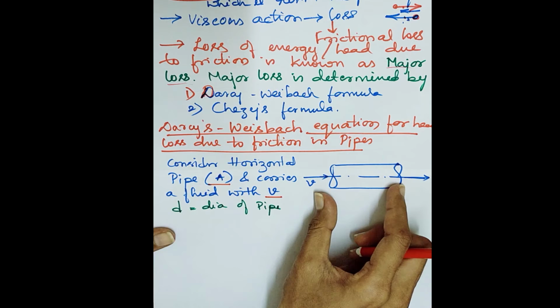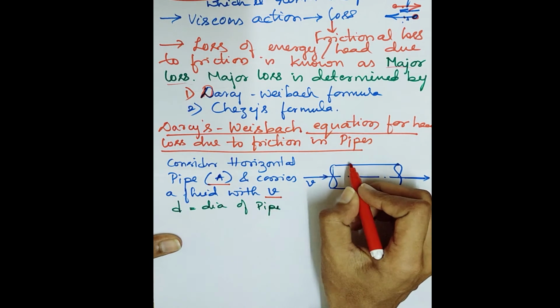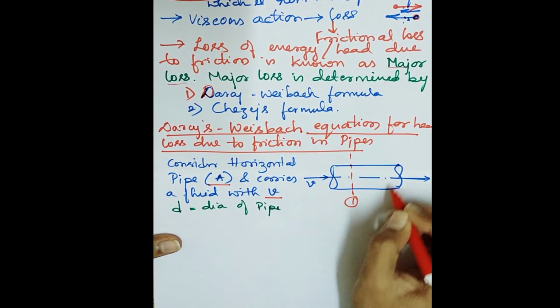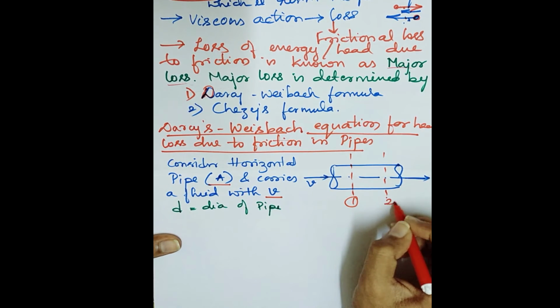For this horizontal pipe, we'll consider two sections, section 1 and section 2.